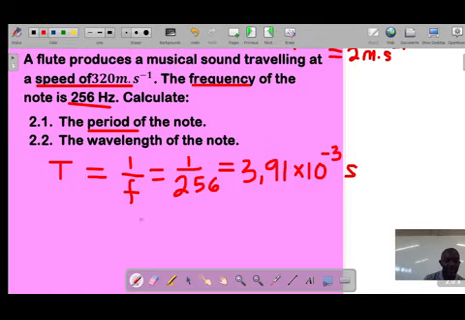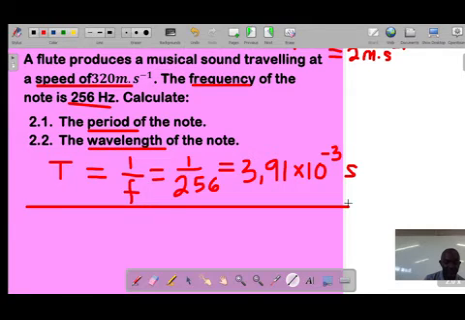Now I'm looking for the wavelength. What is the symbol for the wavelength? Anybody who remembers? It is lambda. So what do I do here to get my wavelength? I know that there is a formula called the wave equation, which we discussed, and that formula says that the speed of the wave, v, equals lambda multiplied by the frequency.